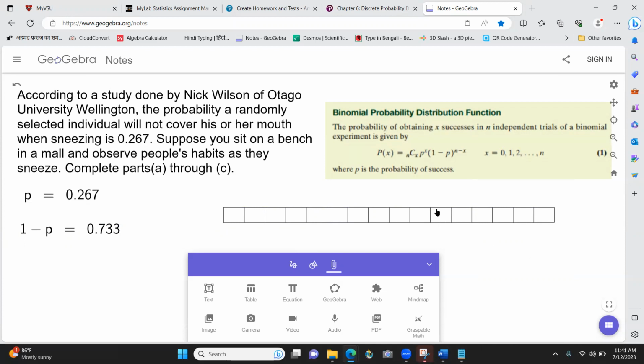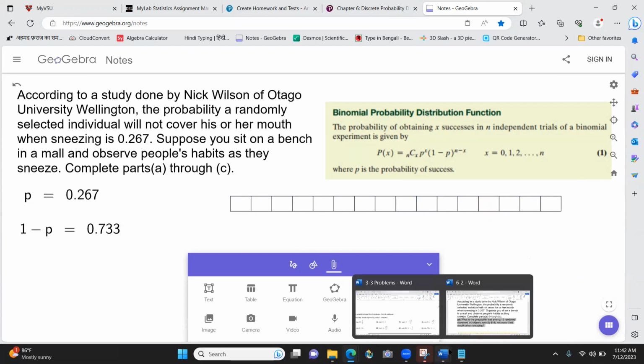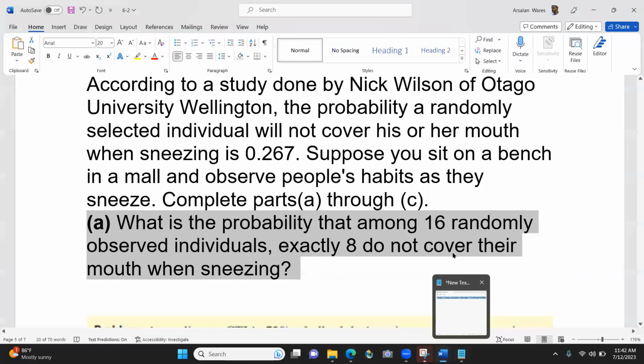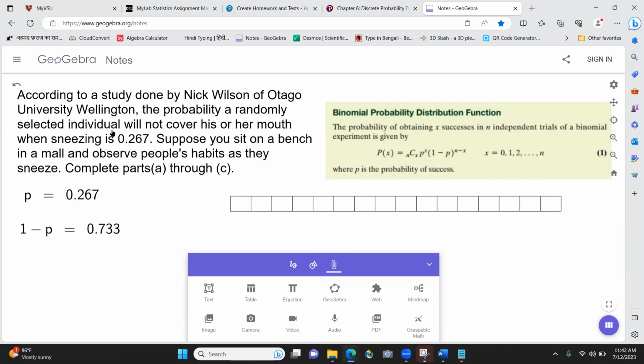Now, guys, the first slot refers to the first person, the second slot, the second person. The question wants me to find out, if you read the question again, out of 16, 8 do not cover. So the probability of success. 8 of them will not cover.